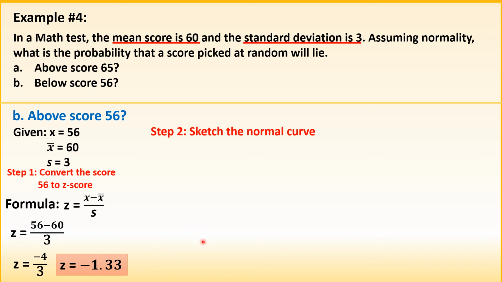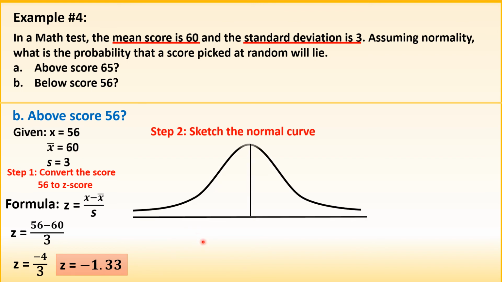Ang next step natin, sketch natin ang normal curve. Ilolocate lang natin yung negative 1.33. So, andito siya. So, ang kukuhanan natin ng area ay ito. Pero bago natin makuha ang area na to, kinakailangan muna natin kuhanin ang area ng 0 to negative 1.33.